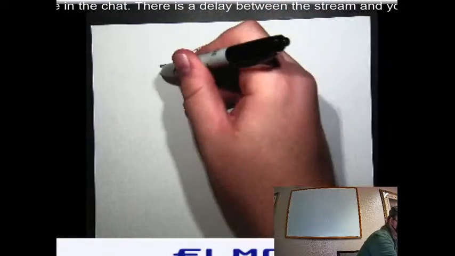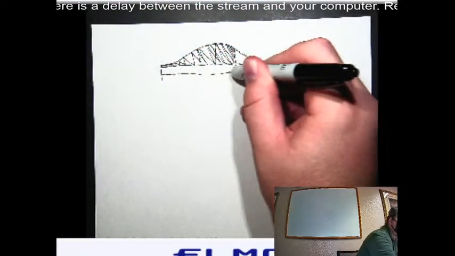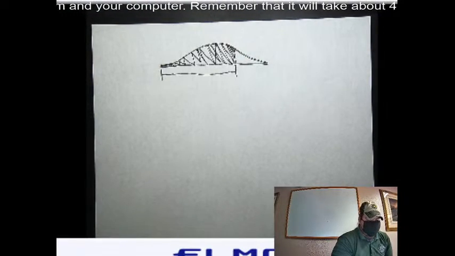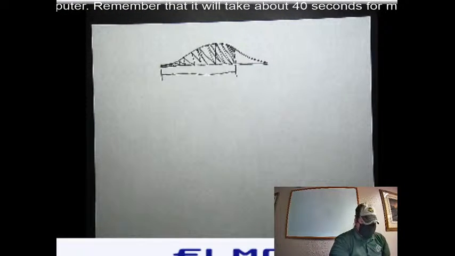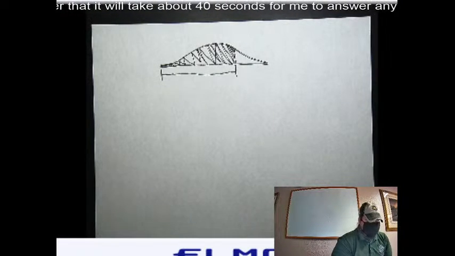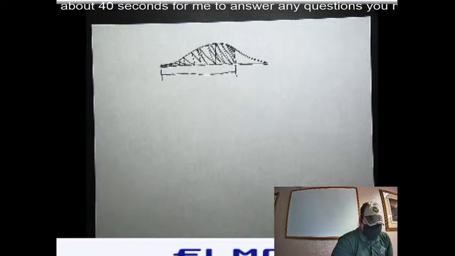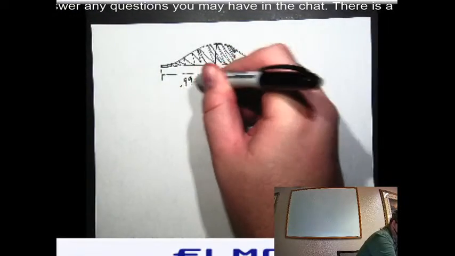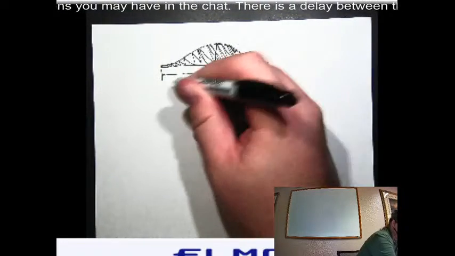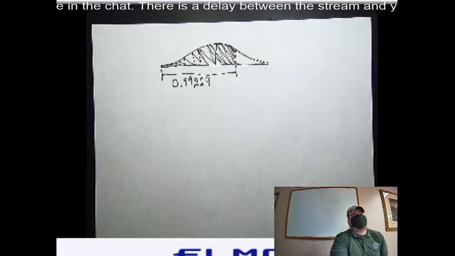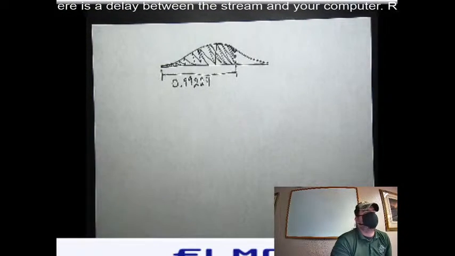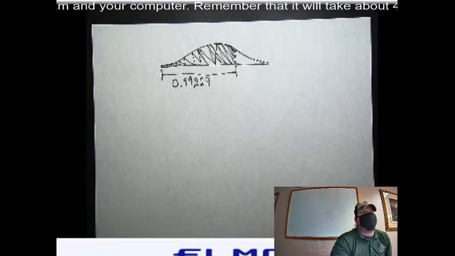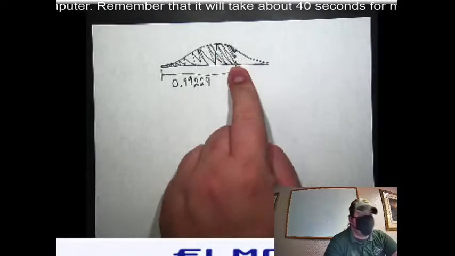So all I'm given is the probability of this area. And apparently, this area has a probability of 0.99224. And what I want to know is what this x value is. What is that?